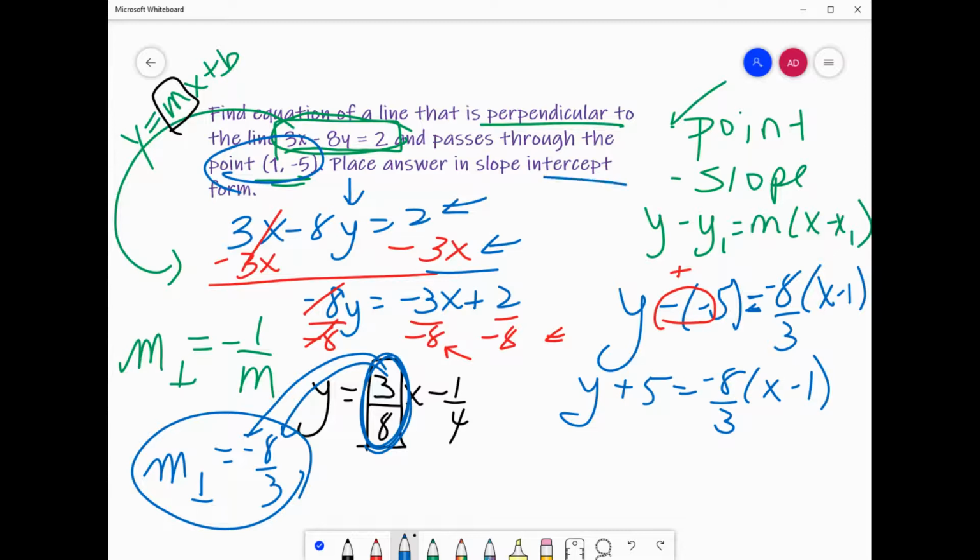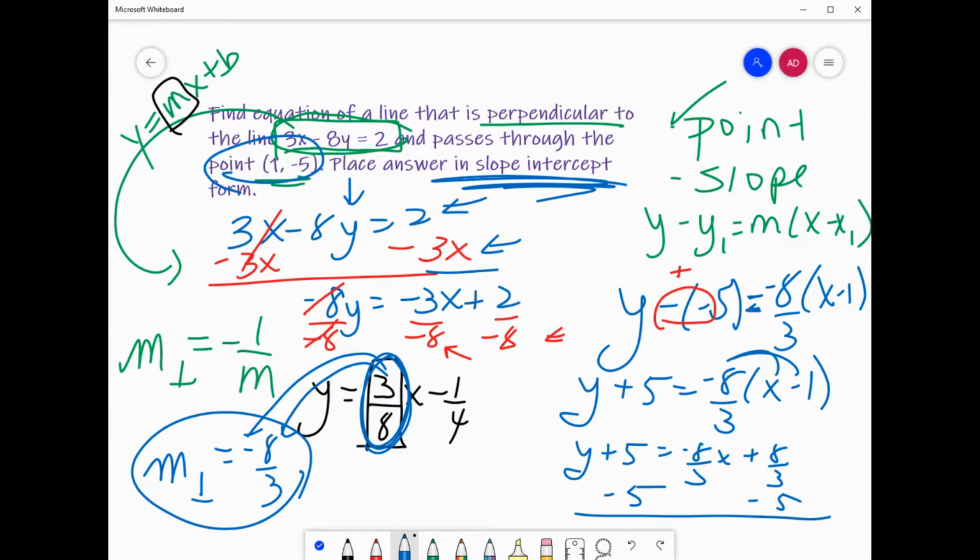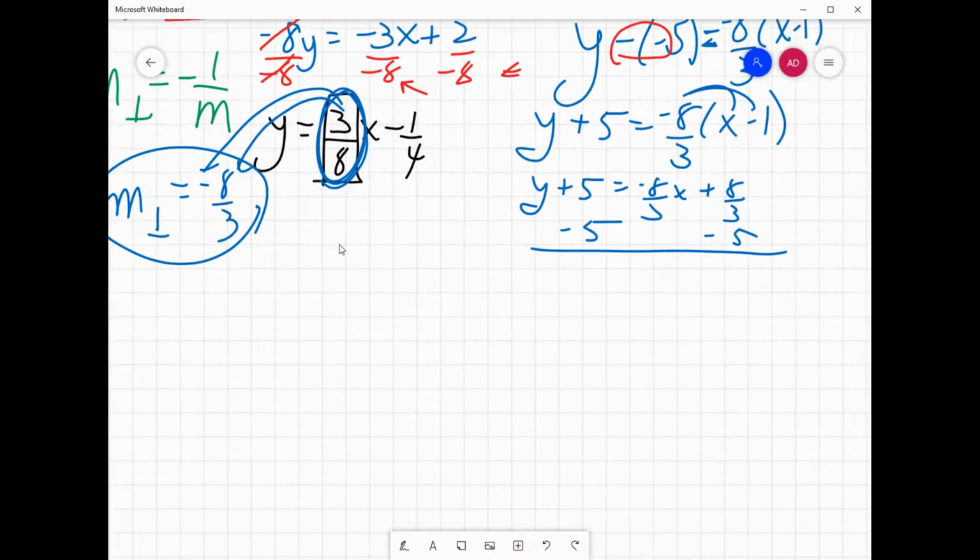Now, here's the kicker. Your final answer you want in slope-intercept form. So, distribute. Gives me y plus 5 equals a negative 8/3 x plus 8/3. Now I'm going to subtract 5 from both sides. Don't fret just because we're running out of room, because I've got this very cool screen.